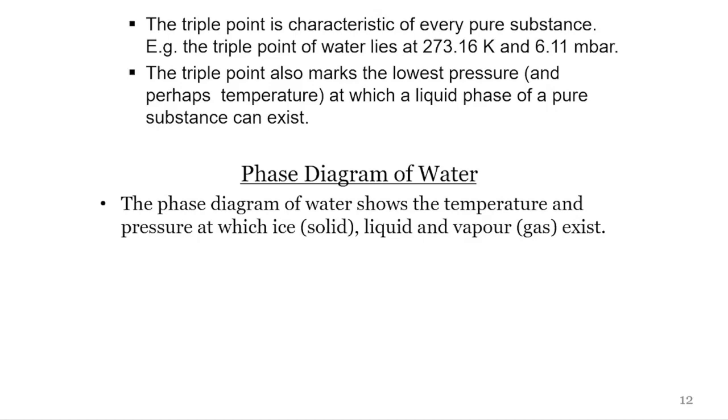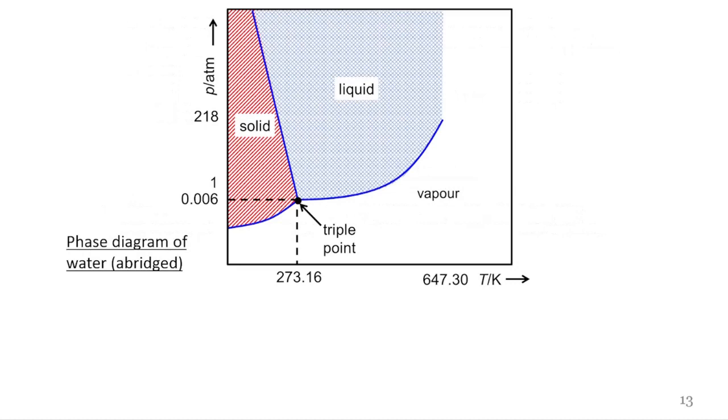The phase diagram of water shows the temperature and pressure at which ice, liquid, and vapor exist. So here is an abridged version of the phase diagram of water. At this pressure and temperature, the solid phase is more stable.